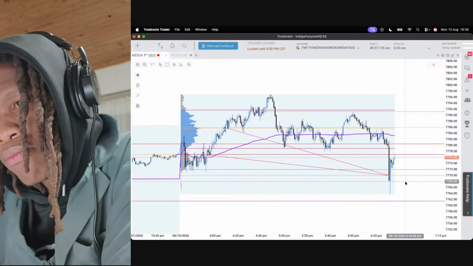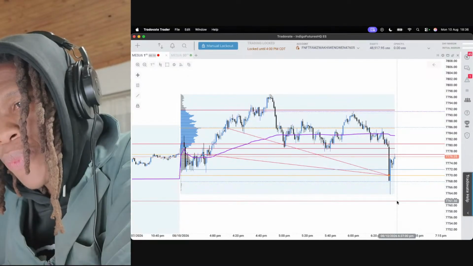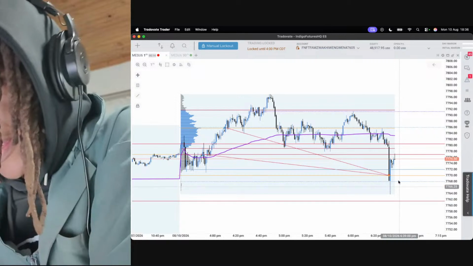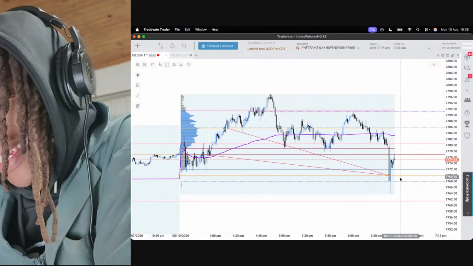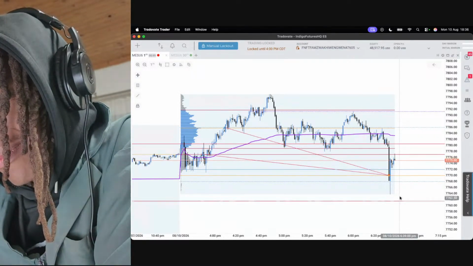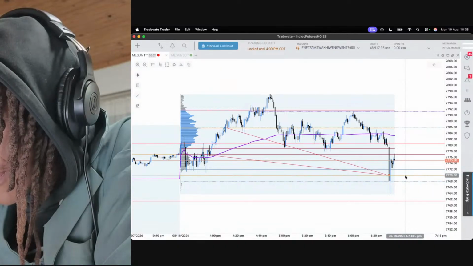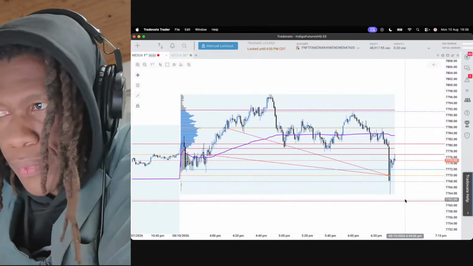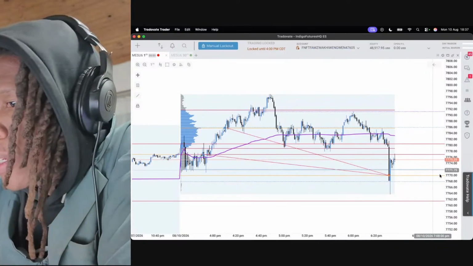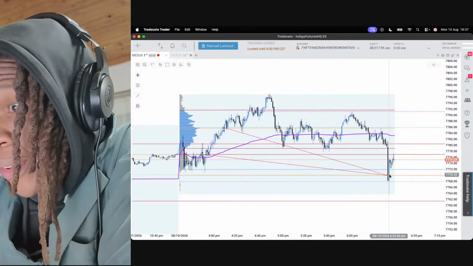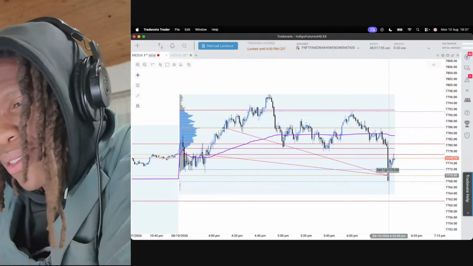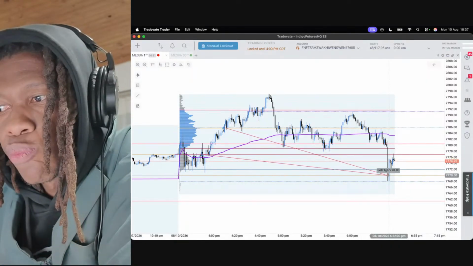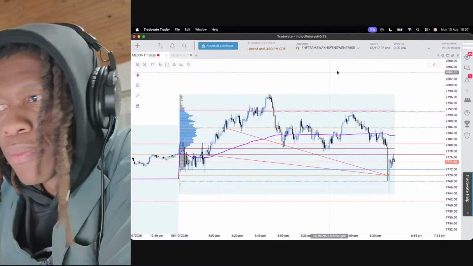There was no way I would have put the stop here, because that would have been an extra $110 on the trade, on the risk size. So yeah, man, I think we did everything that we could today.